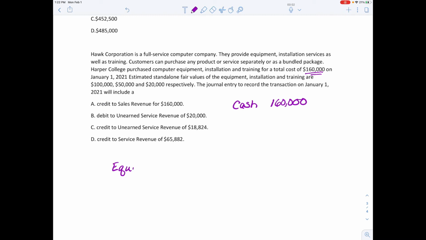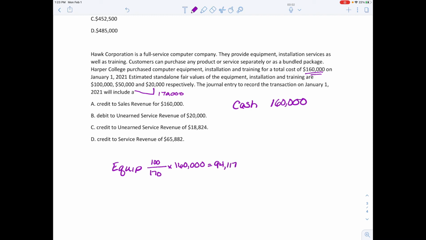The equipment is going to be based on $100,000 over the total cost. If I add up those three numbers, it comes to $170,000. I multiply that by the cash amount that I received, and if I do my math, that's going to come to $94,117.